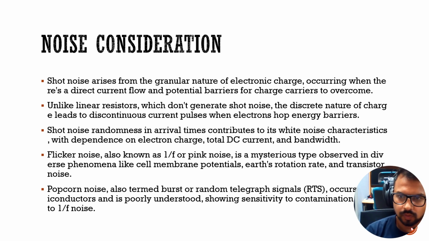Flicker noise, also known as 1/f or pink noise, is a mysterious type of noise observed in diverse phenomena like cell membrane potential, earth rotation rate, and transistor noise. Popcorn noise, also termed burst noise or random telegraph signal (RTS), occurs in semiconductors and is poorly understood, showing sensitivity to contamination and to the 1/f noise.